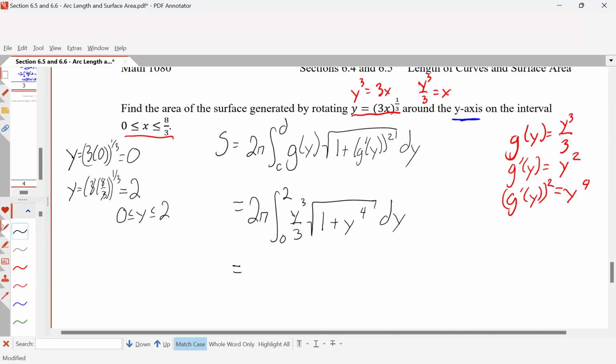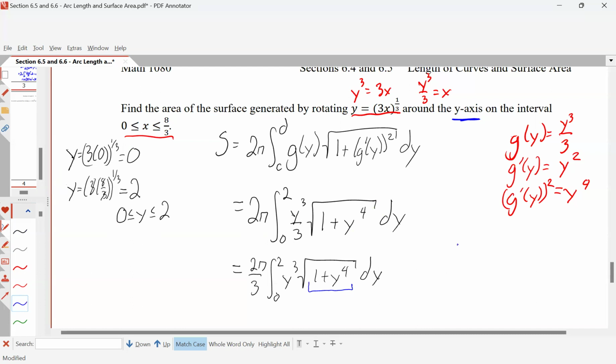Evaluating this integral, I'm going to pull this 3 all the way out to have 2 pi over 3 times the integral from 0 to 2 of y cubed square root of 1 plus y to the 4th dy. Now, this example may look similar to one we have worked in a previous section, where if I take the derivative of 1 plus y to the 4th, I get 4y cubed.